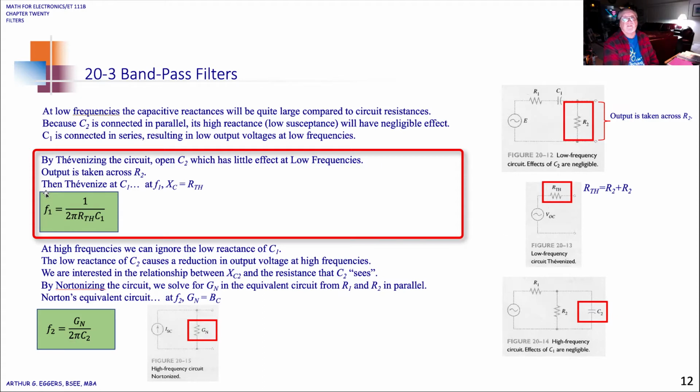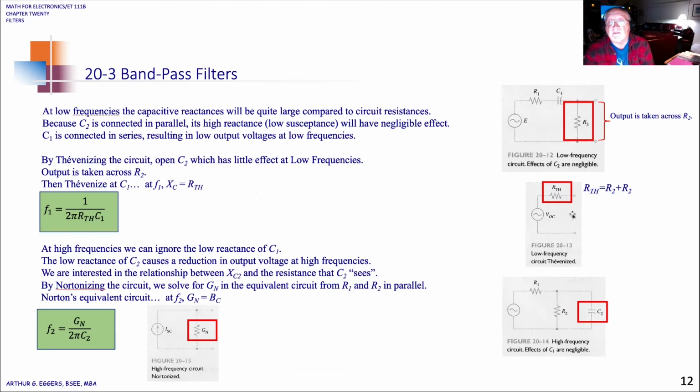Then we're going to Thevenize C1 at F1 such that the capacitive reactance equals R Thevenin. So to calculate the F1 cutoff frequency, the knee, we have 1 over 2 pi R Thevenin times C1. You can see here in the middle description that R Thevenin is equal to R1 and R2 summed together.